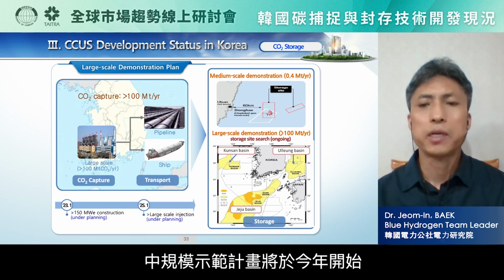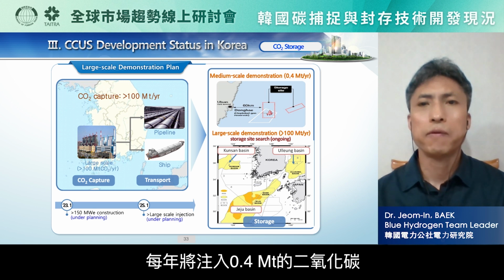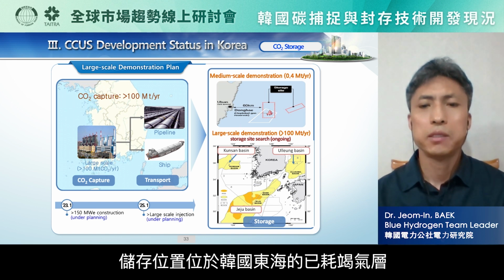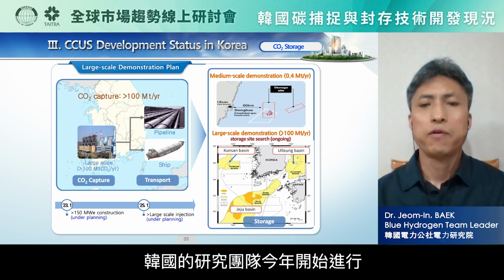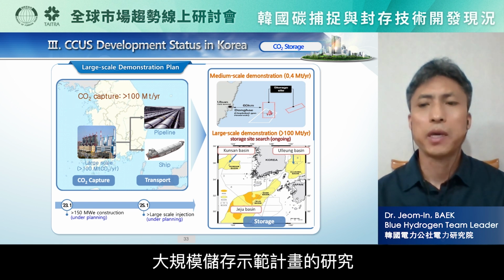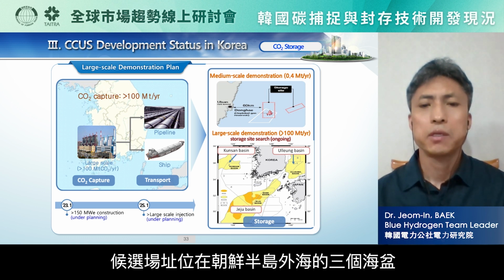Medium-scale demonstration project injecting 0.4 million tons CO2 per year will be started this year. The storage site is a depleted gas reservoir in the East Sea of Korea. For large-scale storage demonstration, Korean research team began site search this year. 3 offshore basins around the Korean peninsula are candidate sites.